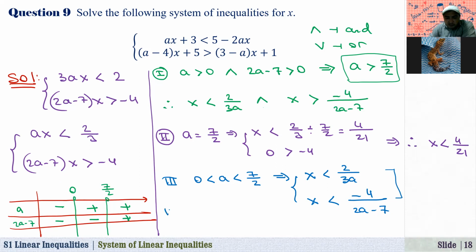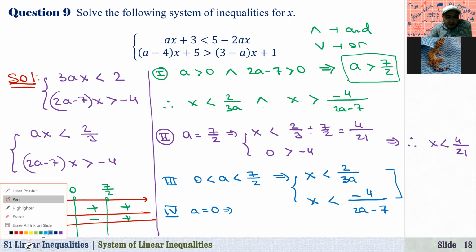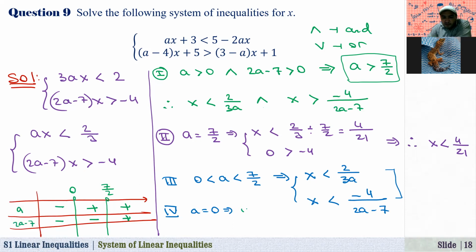And the fourth case here, how about if A is equal to 0? Okay, if A is equal to 0, at the time, the first one, unfortunately, we don't have much space. So if A is equal to 0, the first inequality will be 0 less than 2/3. Okay, it satisfies the first one.